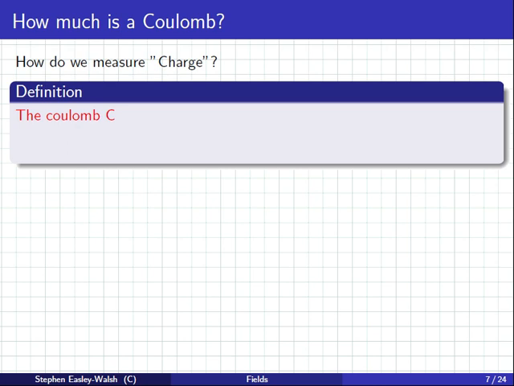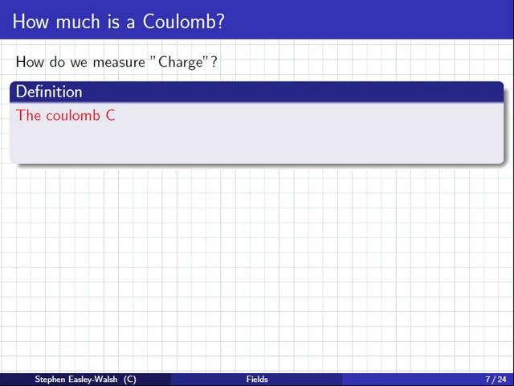Okay. Go on. I think you know, Gina. Go on, tell us. The amount of charge a current can carry. Yeah. The amount of charge a current can carry in 1 second.